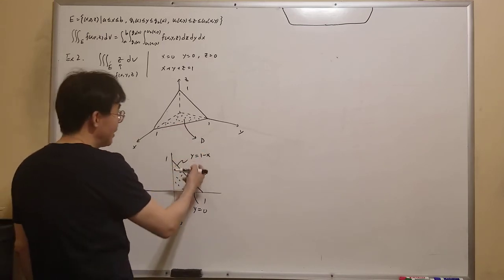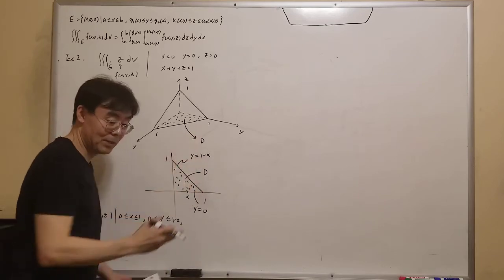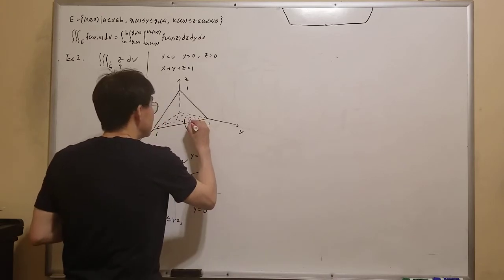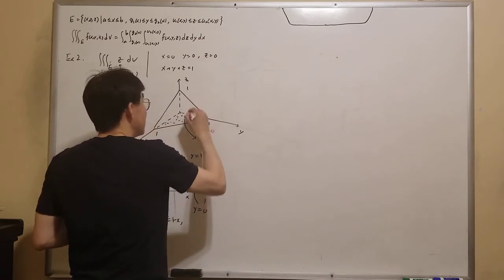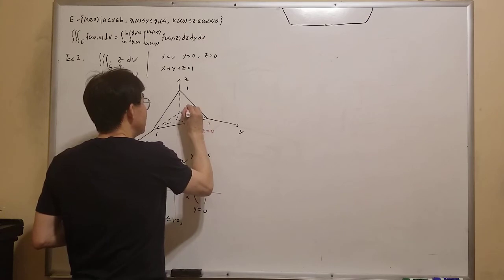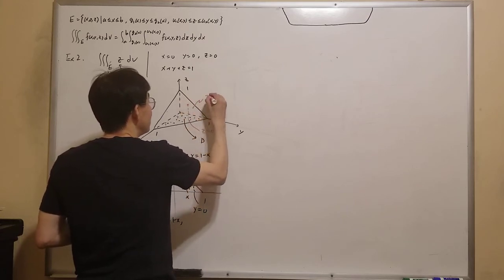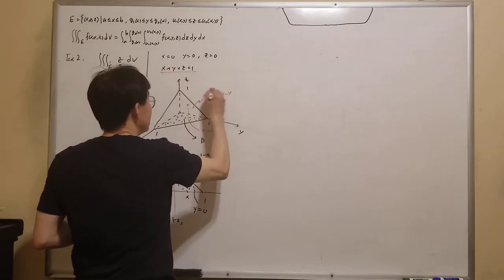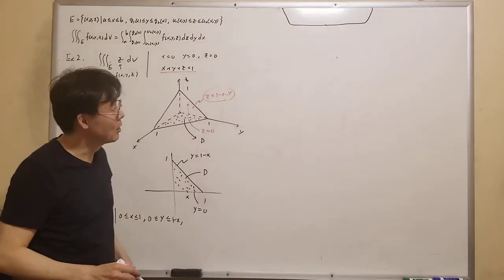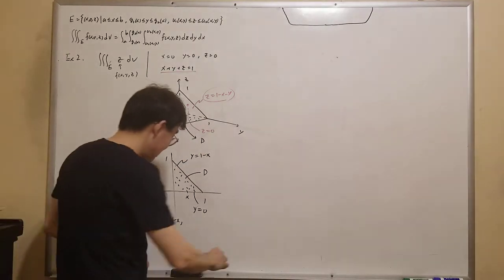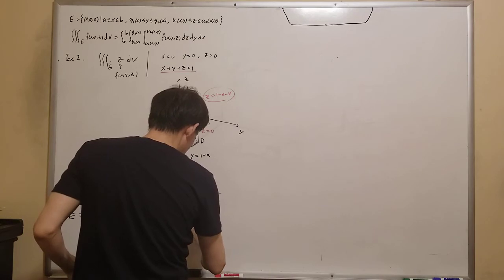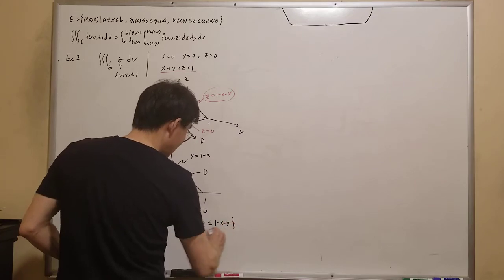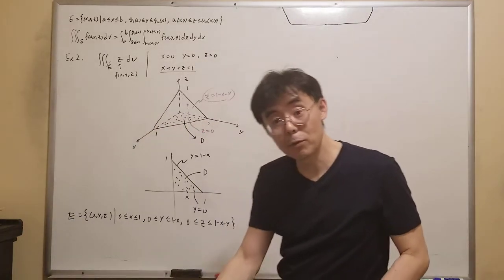For given (x, y), your bottom surface is z equals 0, and then you go up and get out of the region through z equals 1 minus x minus y. This forms the upper surface u2 of (x, y). So z runs from 0 to 1 minus x minus y. That is the analysis of the region.